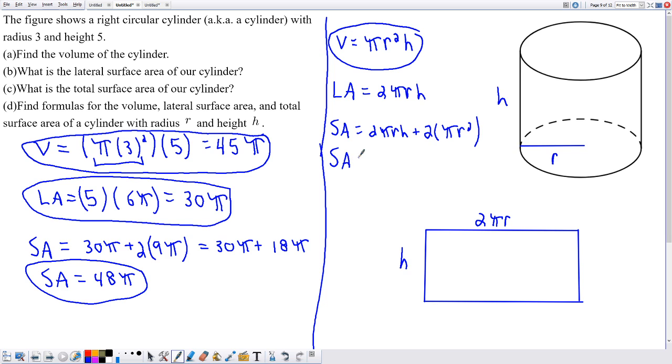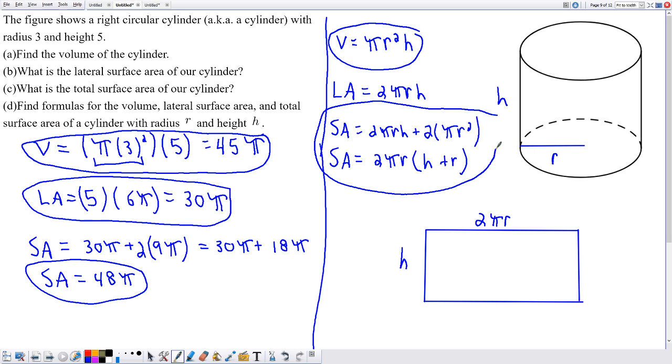So surface area is equal to, well, what are the common factors? 2 pi and r are in both terms, so 2 pi r, and what do we have left over? Well, we have an h plus an r. So sometimes you'll see it written both ways.